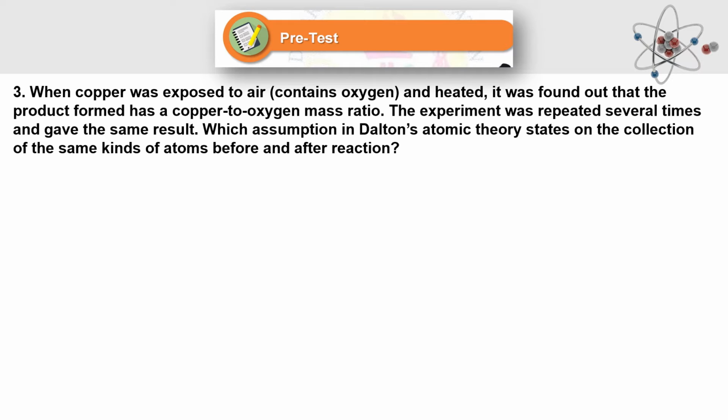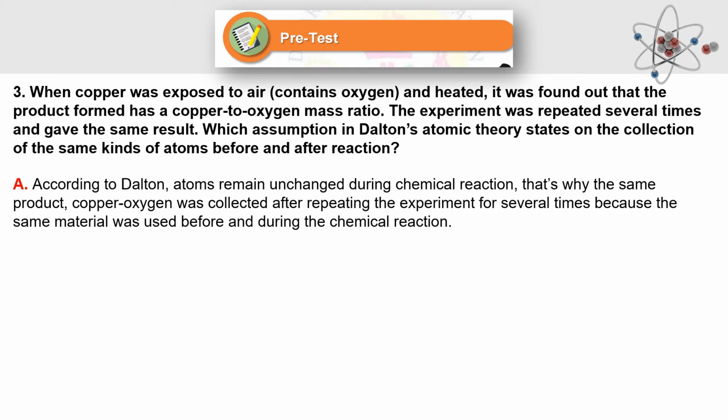Number 3. When copper was exposed to air that contains oxygen and heated, it was found out that the product formed has a copper to oxygen mass ratio. The experiment was repeated several times and gave the same result. Which assumption in Dalton's atomic theory states on the collection of the same kinds of atoms before and after reaction?